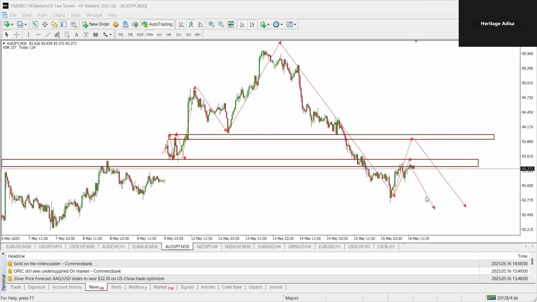For me, the first level, I like it, but the second level cannot be ruled out. And you cannot know for certain what price must do. There's no way to tell that ahead of time. And that is why confirmations can also be very, very important, and they can also help us in making decisions.